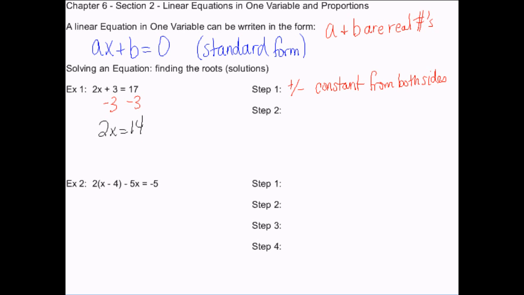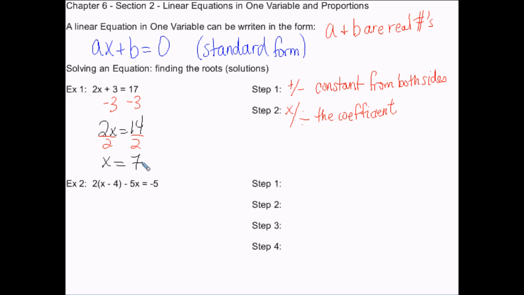And then step 2 is going to be to multiply or divide the coefficient. Okay, in this case, multiplication is happening, so we're going to divide. Get that x equals 7. Okay.